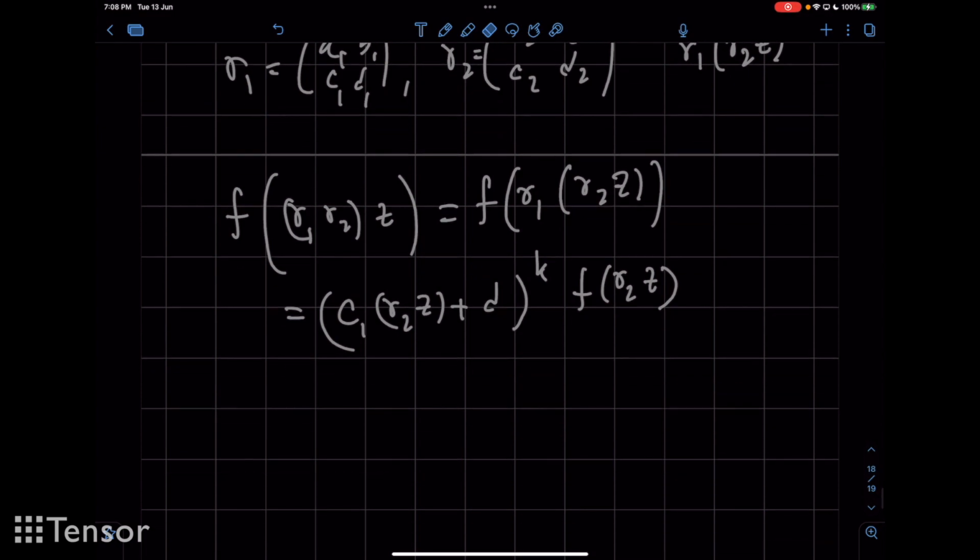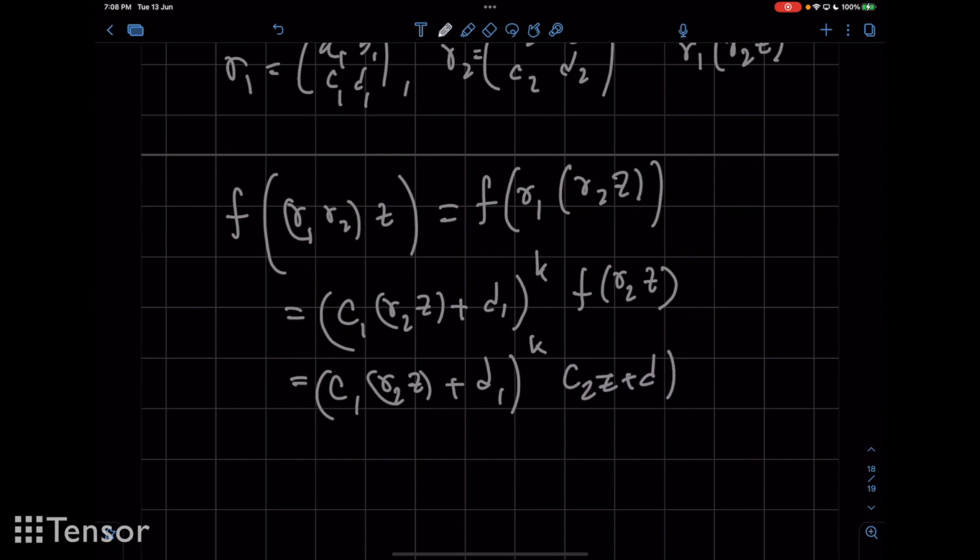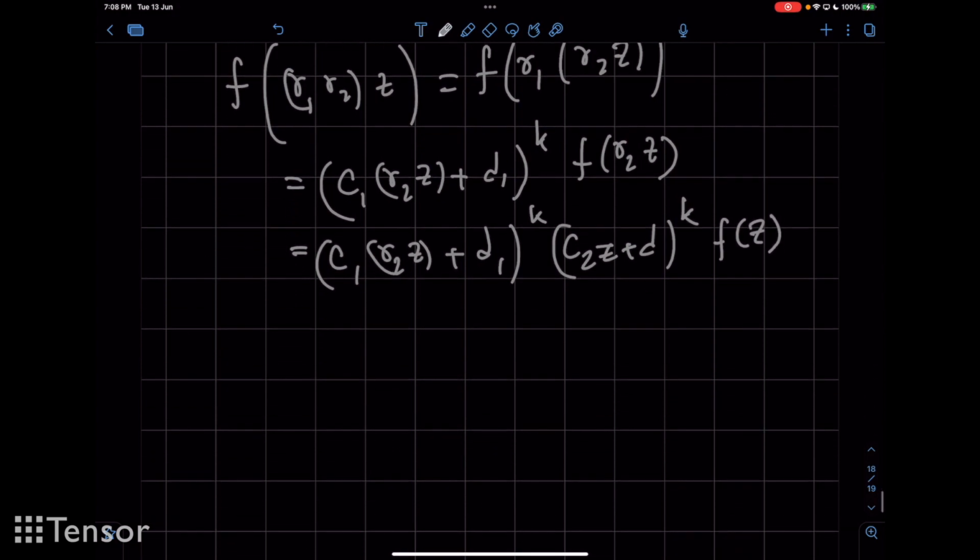From the modularity condition for gamma 2, this is equal to (C1 gamma 2 z + D1) to the power k times (C2 z + D2) to the power k times f of z. Now consider the multiplication of these two.